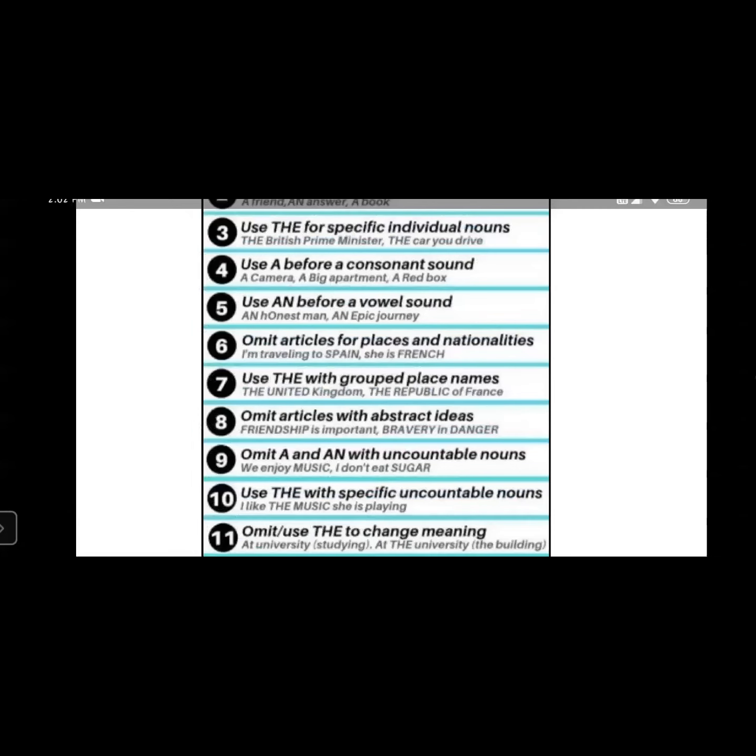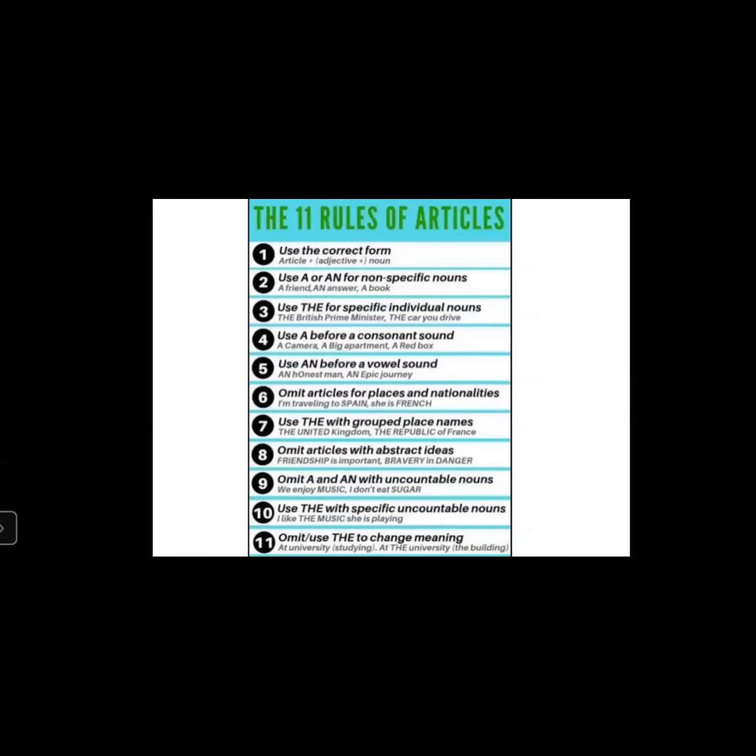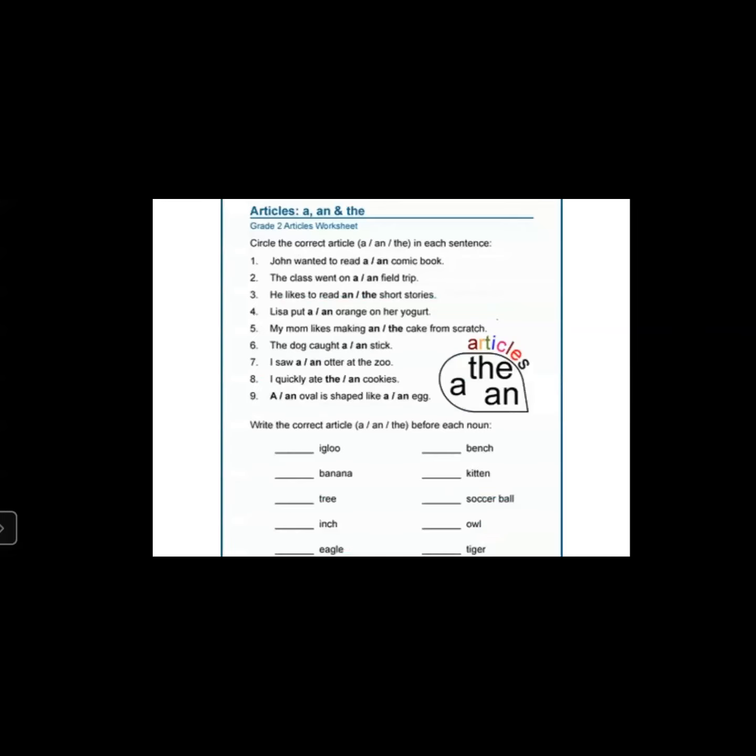So children, if you want, you can take this screenshot, because today I have brought one worksheet for you, and you will solve it in your notebook. You all have a notebook, grammar book, so you can solve it in that. Okay, take this screenshot quickly, children. See this.